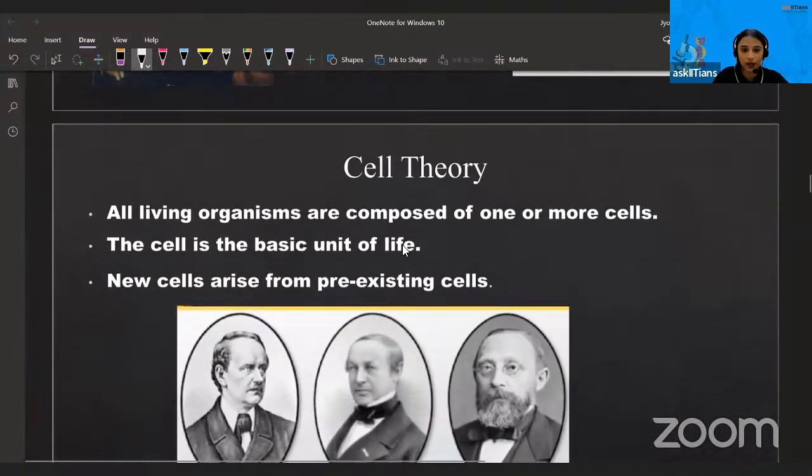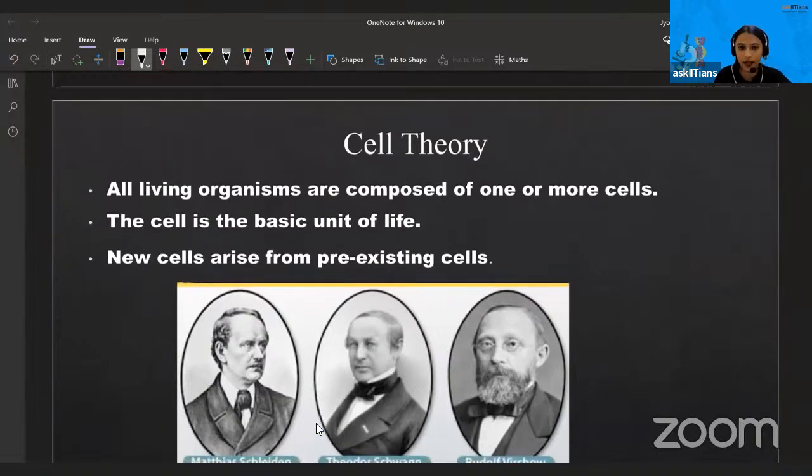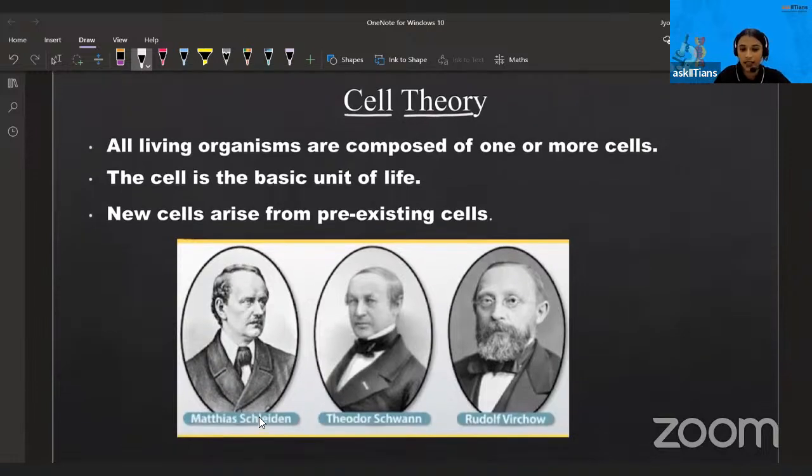After that, three scientists came: Schleiden, Schwann, and Rudolf Virchow. They proposed the cell theory. Schleiden and Schwann were studying plant and animal cells respectively. Schleiden said plants are made up of different types of cells.